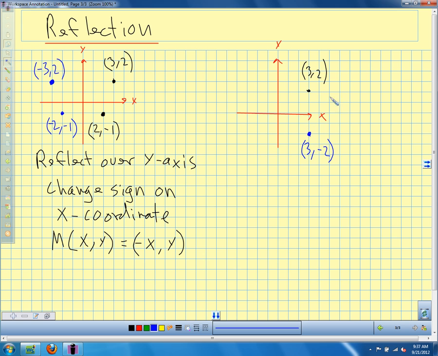What happened to my coordinate here? The y coordinate, the number on our y-axis that tells us our y coordinate, changed to a negative. It changed sign. So to reflect over the x-axis, we change the sign on the y.